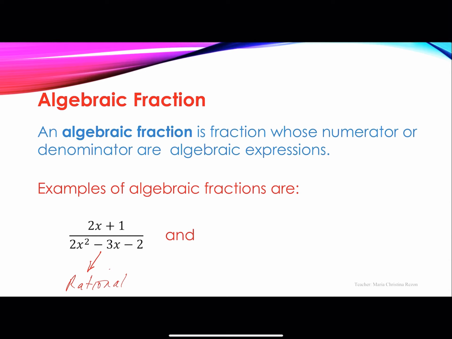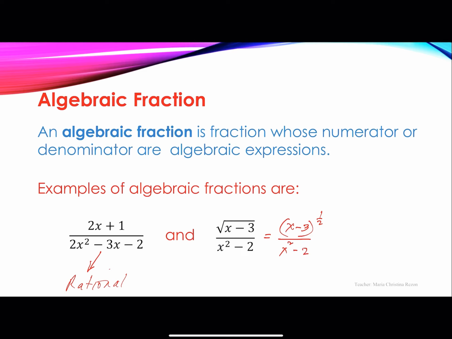And then you have another example here: square root of x minus 3 all over x squared minus 2. Our numerator, if you have noticed, is under a root sign, which is just equal to (x minus 3) to the 1/2, all over x squared minus 2.